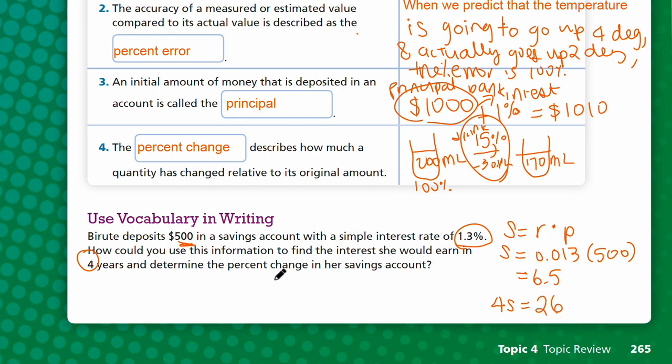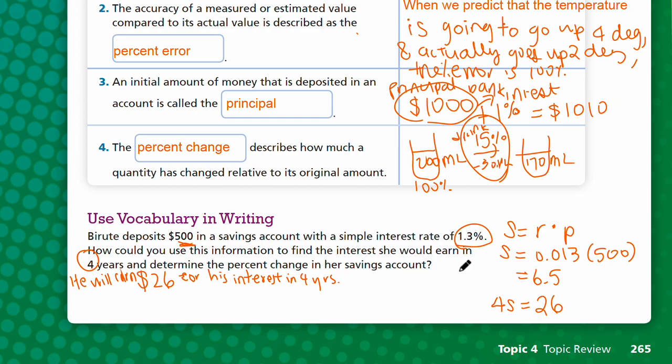So in 4 years, she would earn $26 in interest.